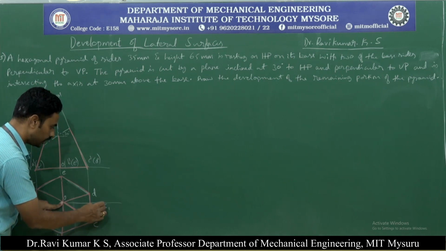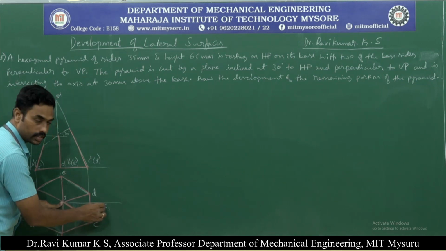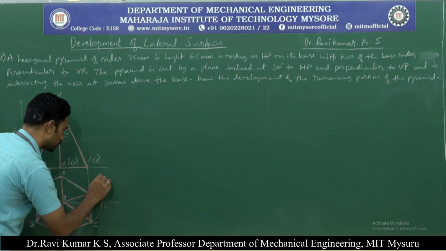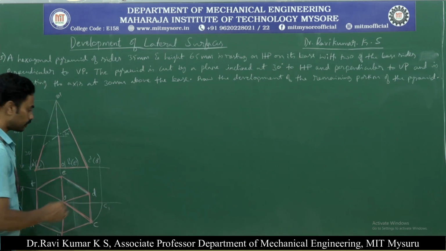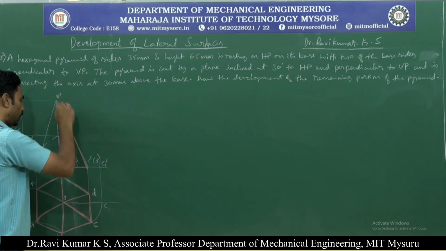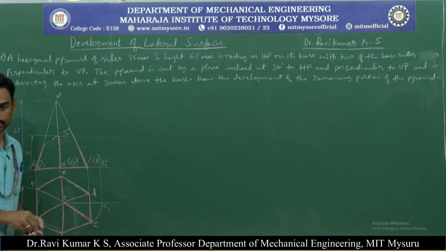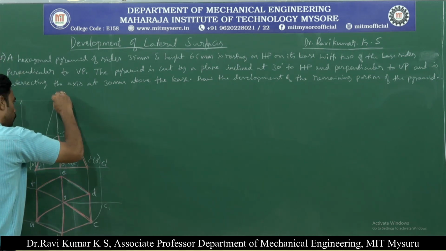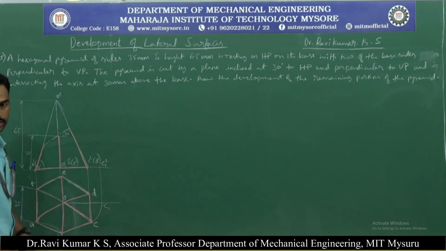I am rotating OC to make this parallel. From C1, I am going to take the projector. So this point is C1 dash. Join O1 C1.